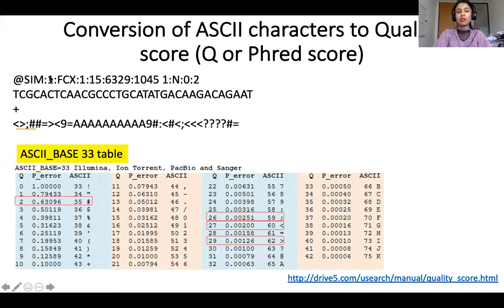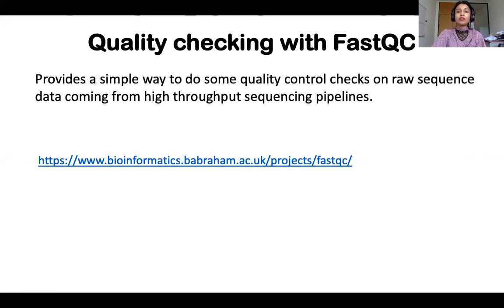Imagine having 20 million reads that look like this. It's not possible for a human to sit and manually decode and identify which are accurate and how accurate. So we have a lot of software that can help us do this. It gives us an overview of the quality of the data that you just got.